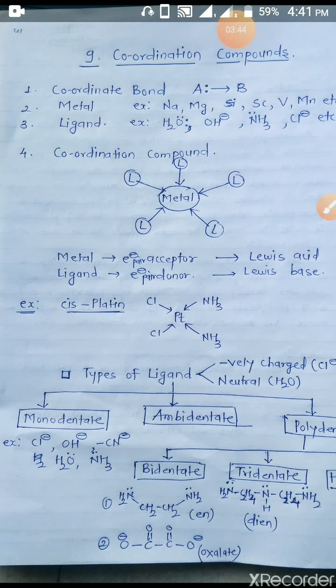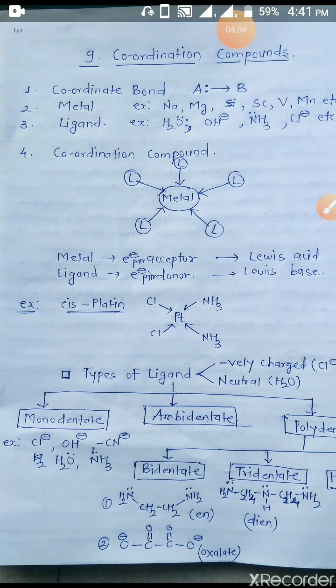First one is neutral, examples like water, ammonia, and negatively charged like hydroxide ion, chloride ion, bromide ion, iodide ion, etc. Here I have written metals are electron pair acceptors and ligands are electron pair donors.